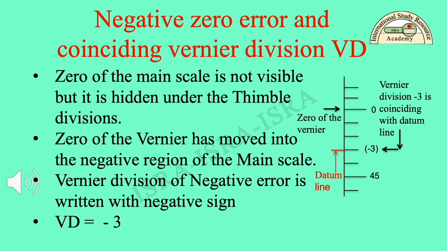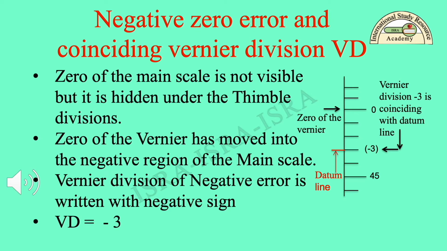Negative zero error and coinciding vernier division VD. When micrometer is fully closed with no object between its jaws, then zero of the main scale is not visible but it is hidden under the thimble divisions. Zero of the vernier has moved into the negative region of the main scale. You are counting the coinciding division with reference to zero of the vernier.